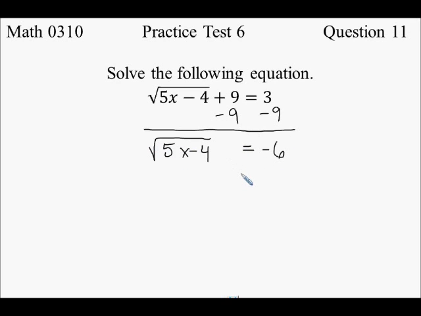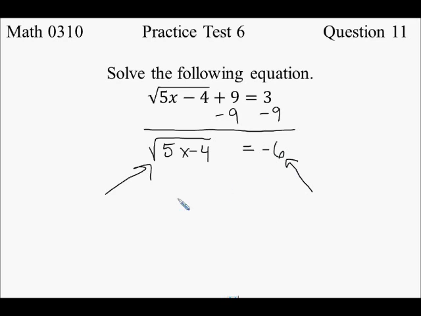If we look at this here, though, we have the square root of an expression equals a negative number. And in general, we say that when we take the square root of something, we consider it to be a positive square root. So the number over here should always be some sort of positive number.